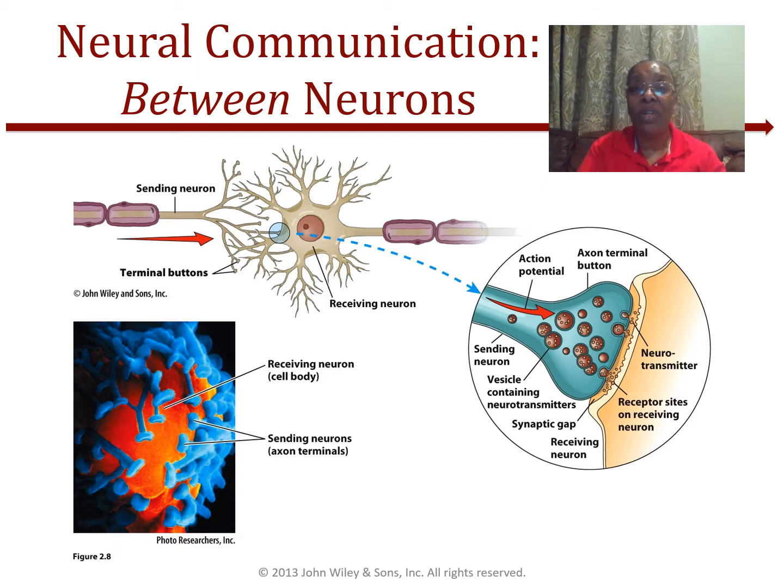Neurotransmitters will deliver either excitatory or inhibitory messages. And the receiving neuron will only produce an action potential and then pass along the message if the number of excitatory messages outweighs those inhibitory messages.